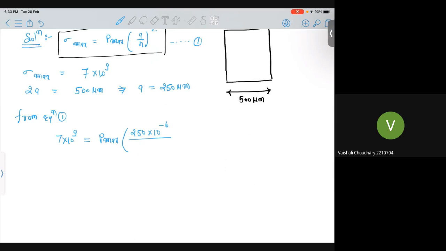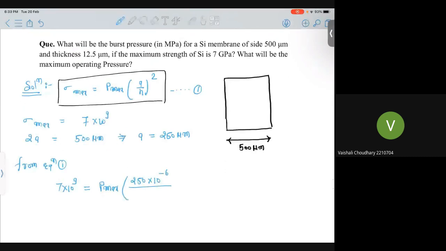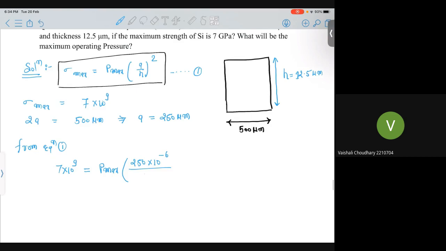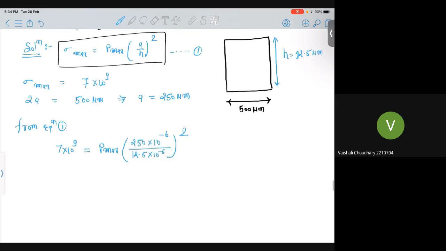The thickness h is 12.5 micrometer, the complete whole square, right?